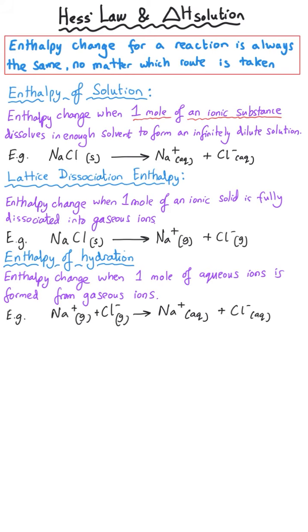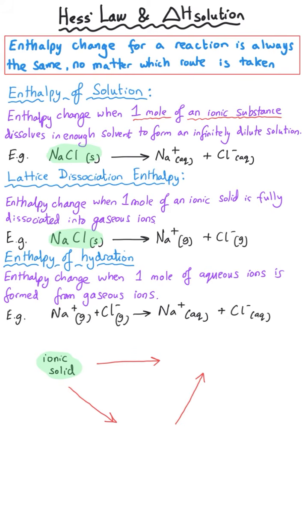Now, if we construct these into a simple Hess cycle, you can see that we can make a triangle. Hess cycles are typically triangles, and they're made up of overlapping equations. And what I mean by that is each vertex of the triangle is formed where two equations overlap and the reactants are the same for those two equations. And so if we take the enthalpy of solution, we've got the ionic solid at the beginning, and that's the same for the lattice dissociation enthalpy.